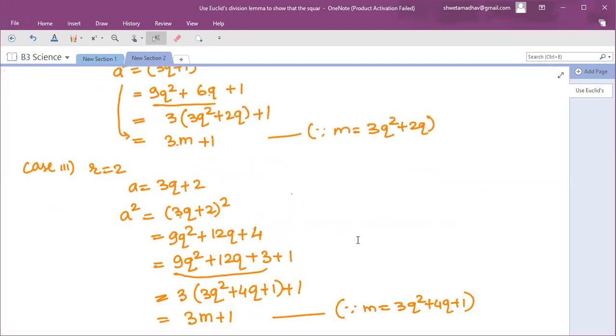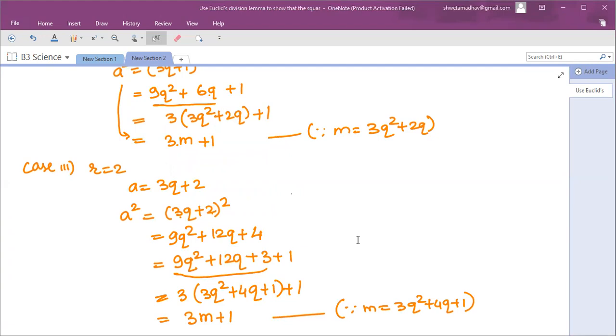Ma'am, I got disconnected. What were you telling? Solve the next question only. Ma'am, it's the same as this, right? Yeah, same as this, but cube you have to take instead of square.